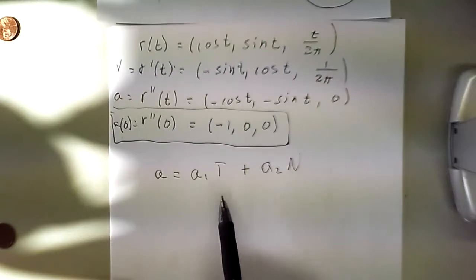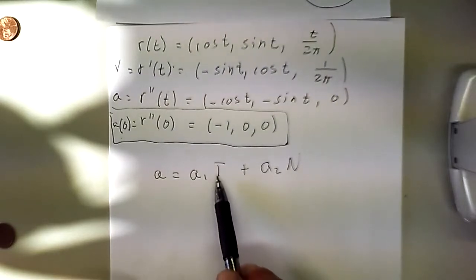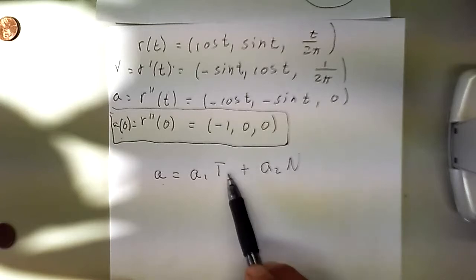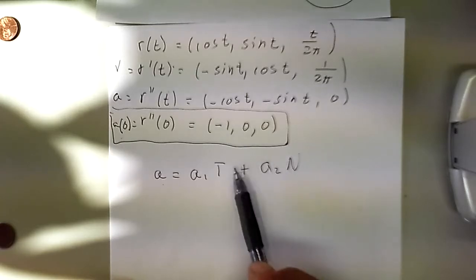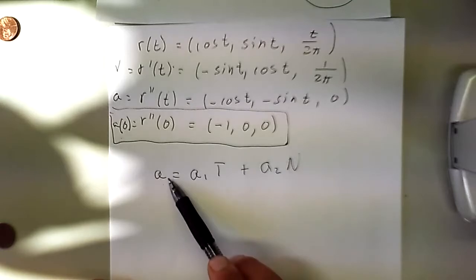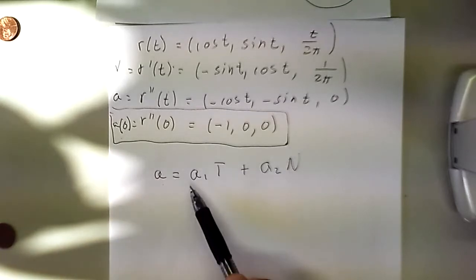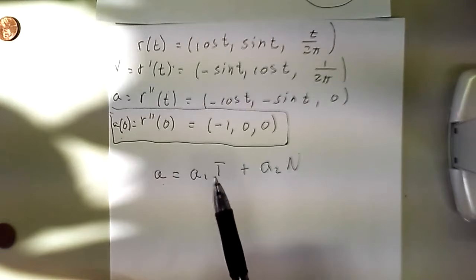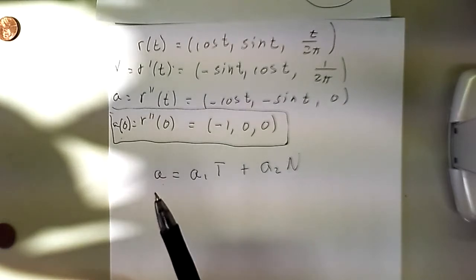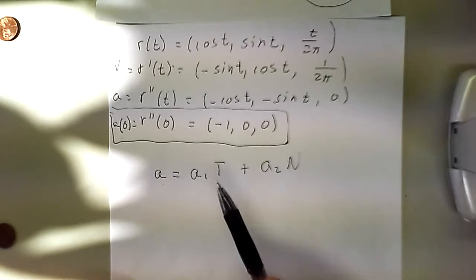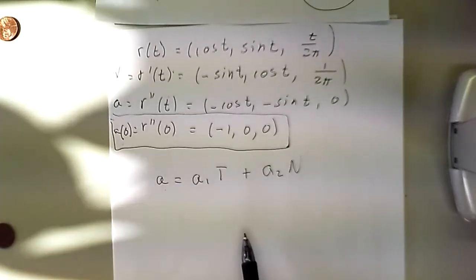The main thing is that the acceleration is on the same plane as the normal vector and the tangent vector. In other words, the acceleration is on the osculating plane of the curve at that given point. That is very crucial. The acceleration does not stray away from the osculating plane, which I find very interesting.